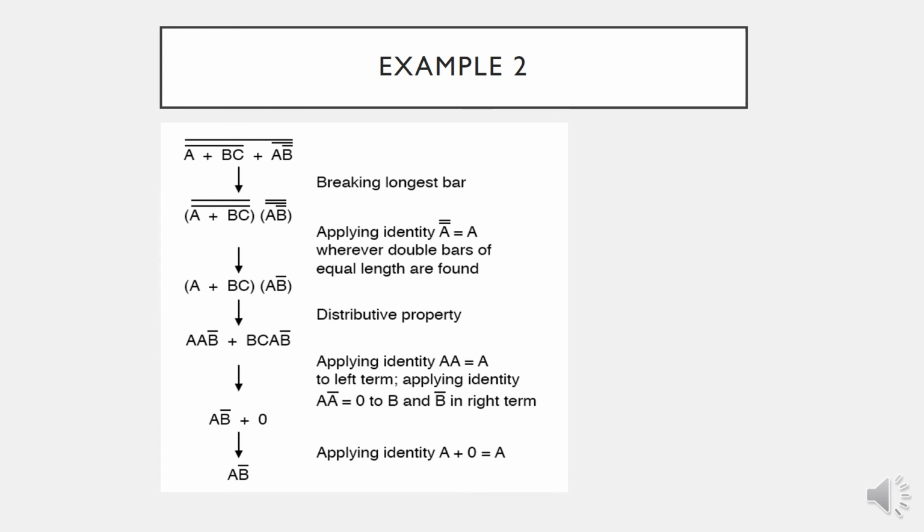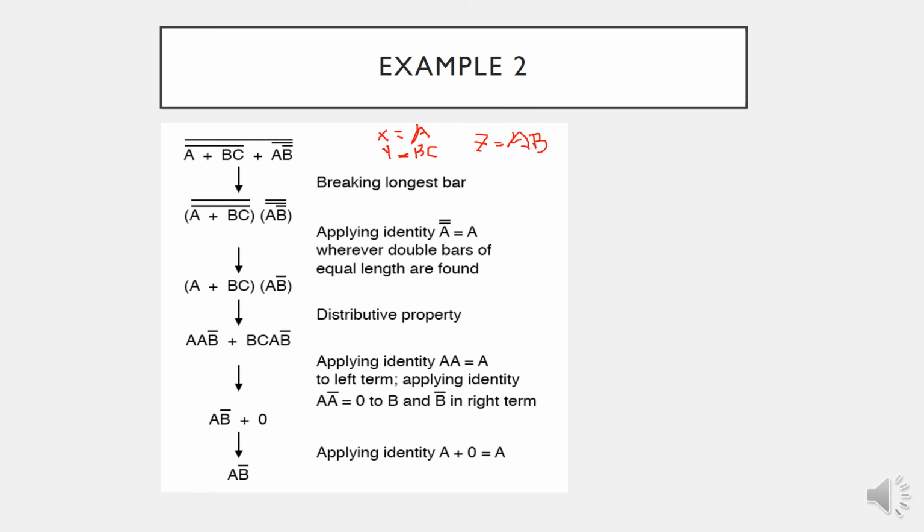Alright, let's solve this second example. It looks a bit complicated, but it's not actually. We can start by giving a name to single variables for us to solve this equation more simply. So we can give x equal to A, y equal to BC, and z equal to AB.